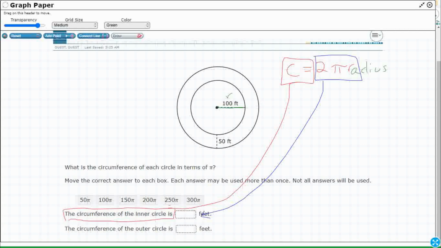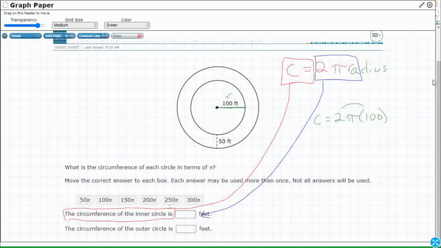So for this first one, we can say C equals 2 pi, and then that radius is 100. What we're going to do is multiply 2 times 100, since those are like terms.